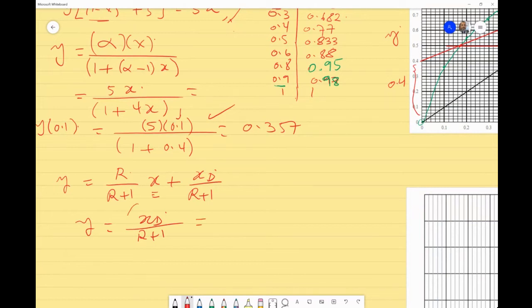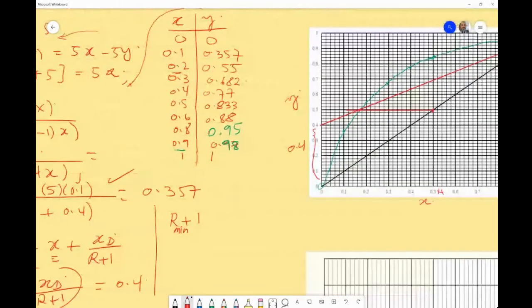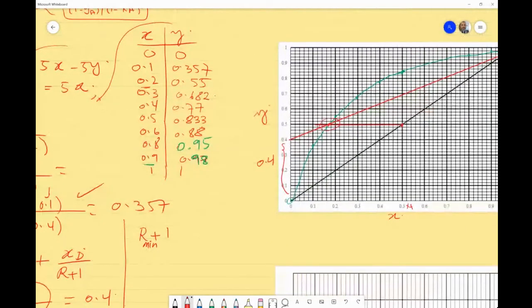Now you know this value from the graph is equal to 0.4. So that means R minimum plus 1, since it is minimum here. Why is it minimum? Because this separating line crosses this equilibrium curve, my Q line here, okay?